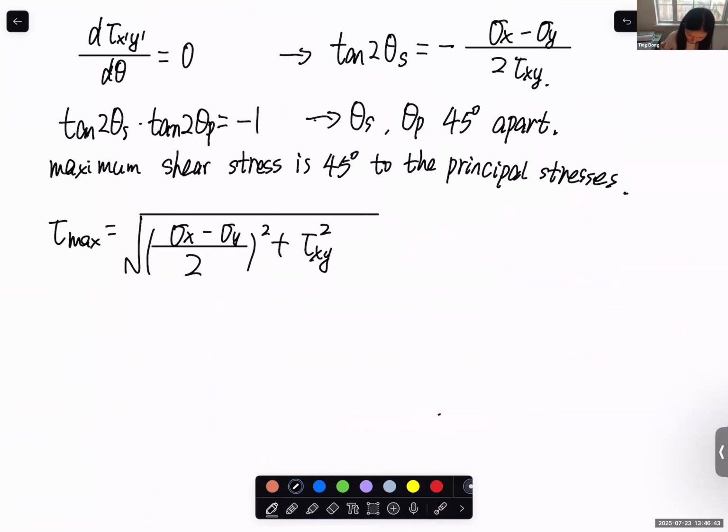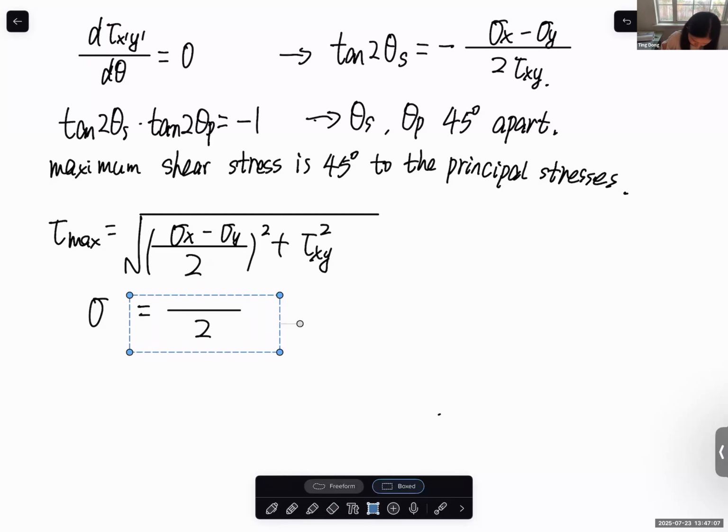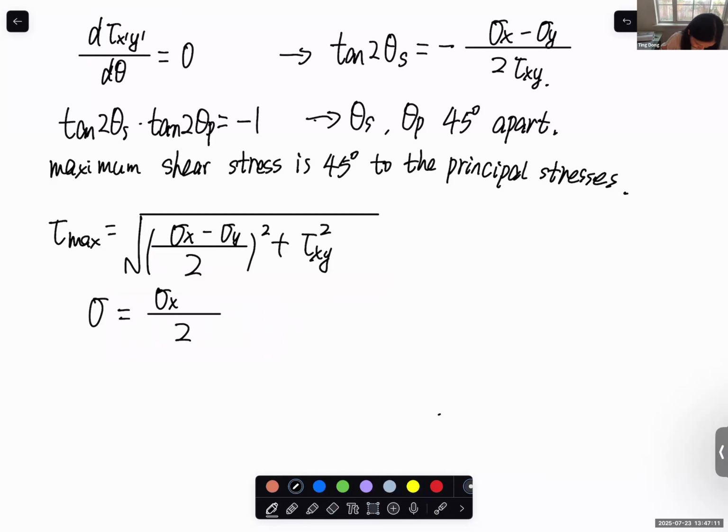And of course, if you plug this theta back in to get the average: when the normal stress reaches maximum, shear stress disappears. But when shear stress reaches maximum, normal stress does not disappear. When you plug into the equation, the normal stress at this orientation, when shear stress reaches maximum, becomes half of sigma x plus sigma y.